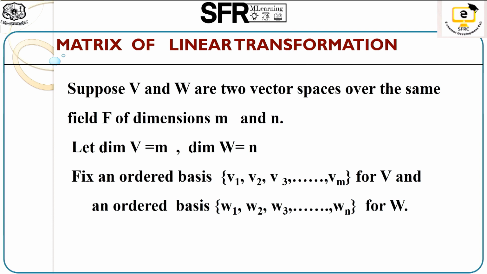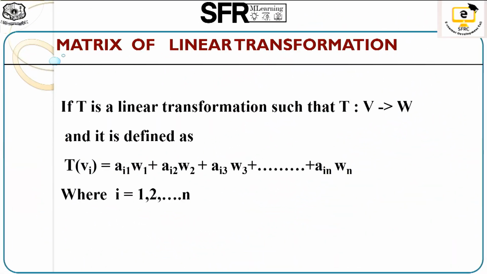Fix an ordered basis V1, V2, etc., Vm for the vector space V and an ordered basis W1, W2, etc., Wn for the vector space W. If T is a linear transformation, a function from V to W, it is defined as T of Vi equal to ai1 w1 plus ai2 w2 plus etc., ain wn, where i varies from 1 to m.